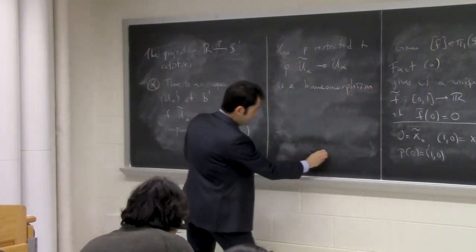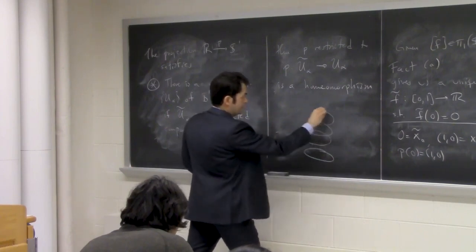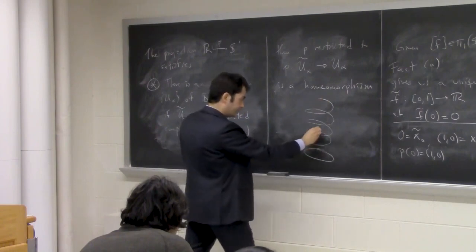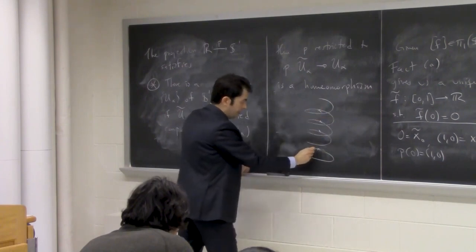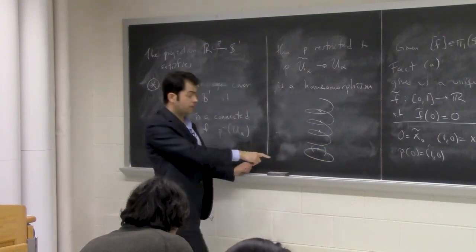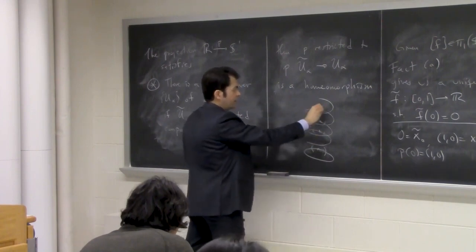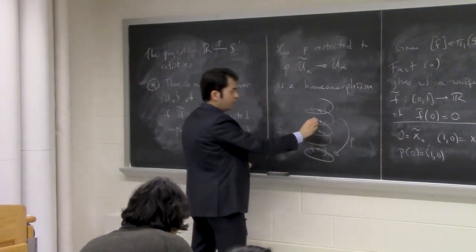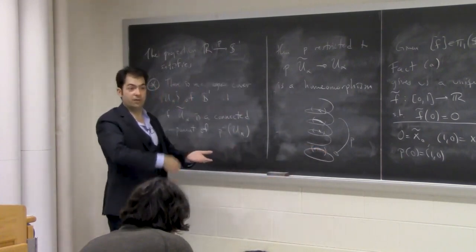Okay, so again, for the picture, you pick a point, and you look at the pre-images, and if you pick a small enough neighborhood here, then every one of these points has a lift of that neighborhood. And if you restrict your map to one of these neighborhoods, then you have a homeomorphism between them, right? So you have a continuous inverse.